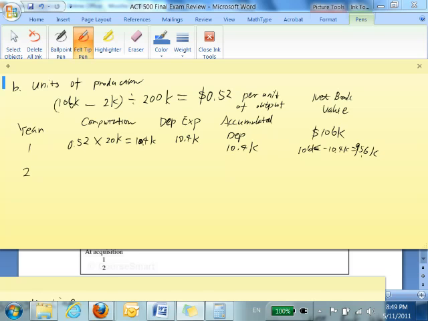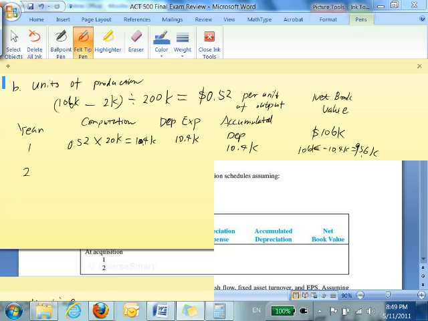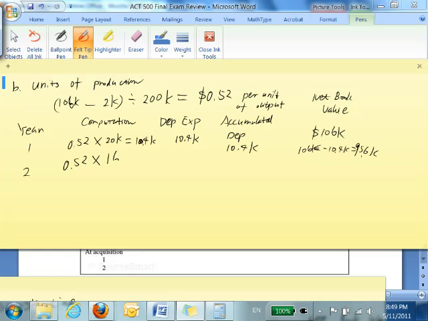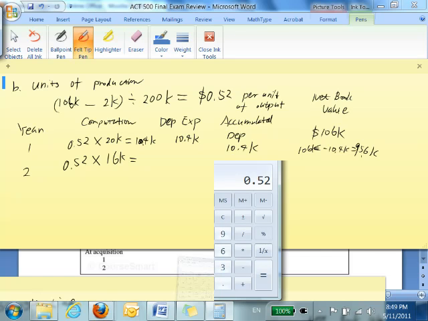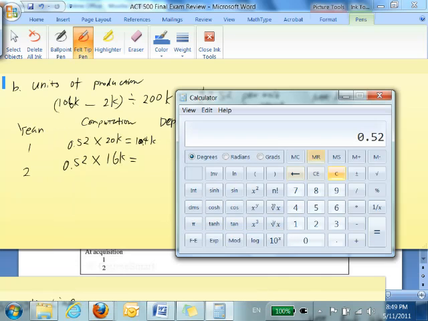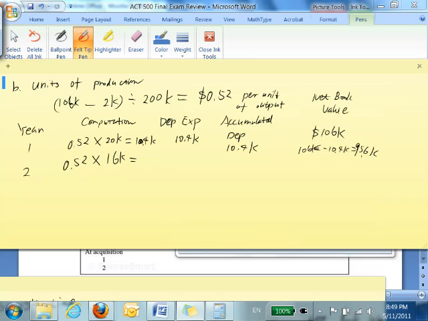In year 2, the actual output is 16,000 units, so we have 52 cents per unit times 16,000 units. 0.52 times 16, we get 8.32.